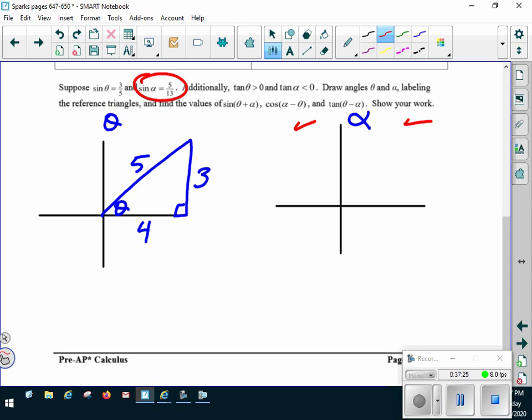And I also know the tangent is negative. Where's alpha? Alpha's in quadrant 2. So we're going to go over here and draw a little alpha. There's alpha.